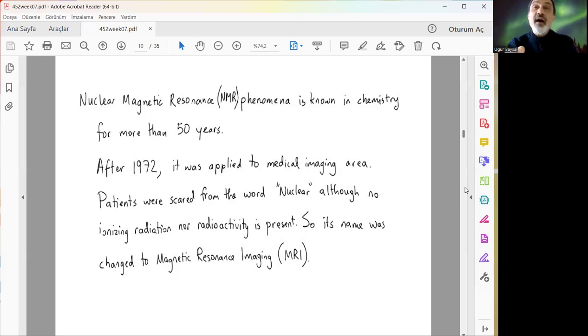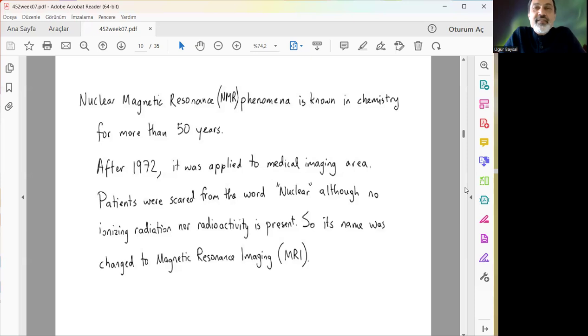After this application, commercial or first research magnets for human beings were introduced, but ordinary people outside of science or physics were very afraid to hear that the system utilizes nuclear magnetic resonance. So the term nuclear resembled nuclear bombs or radioactivity, which does not occur in these systems.